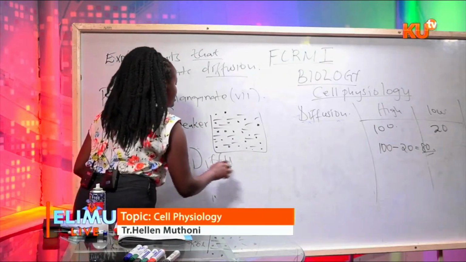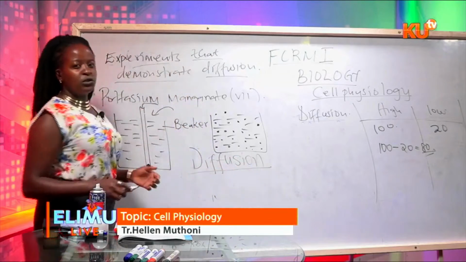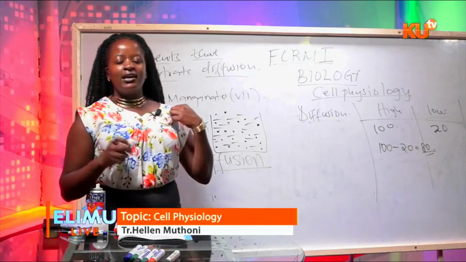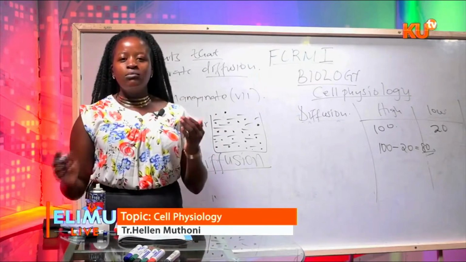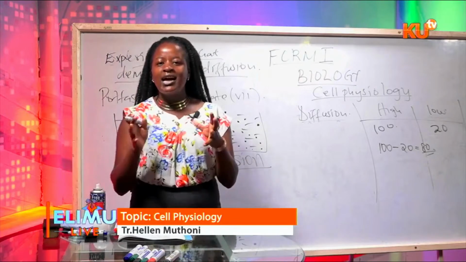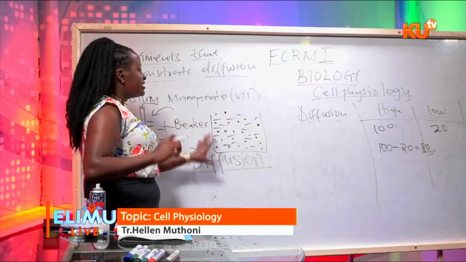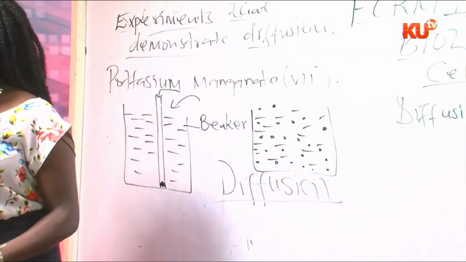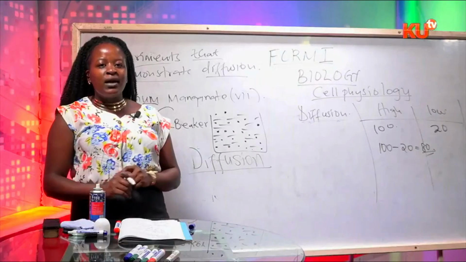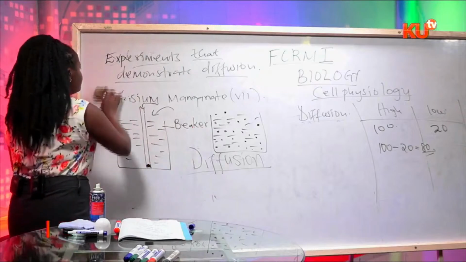You can see that every particle is moving from where it is in high concentration, this point, and spreading to where it is in low concentration. That is the first experiment used to demonstrate diffusion.